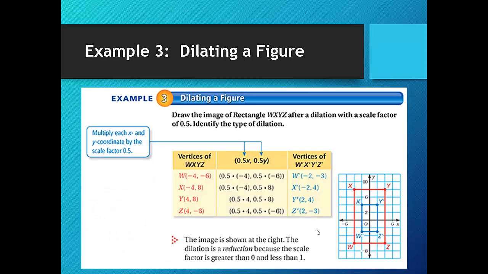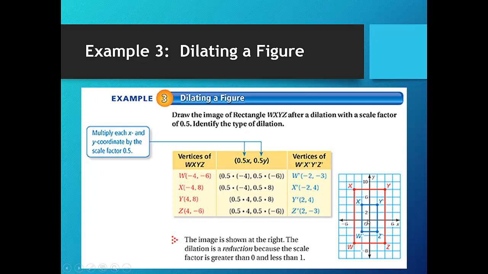Now we have another example for dilating a figure. Draw the image of rectangle WXYZ after dilation with a scale factor of 5/10. Identify the type of dilation. So for our vertices, W is at (-4, -6).